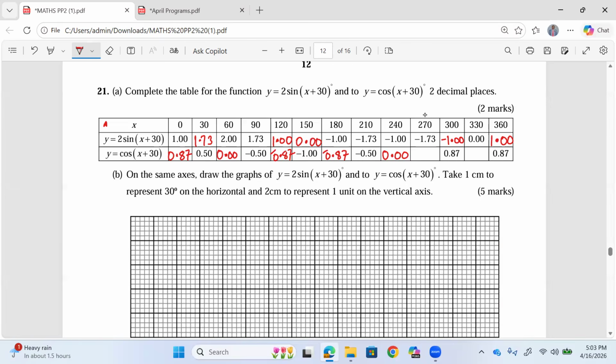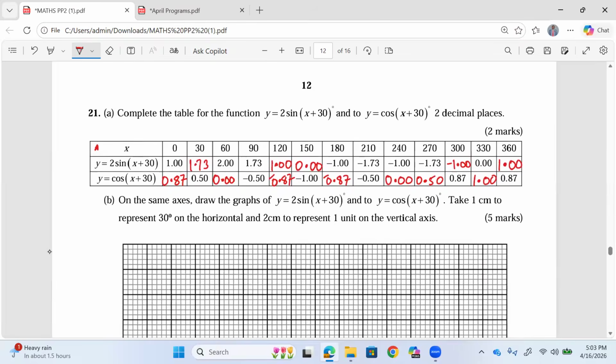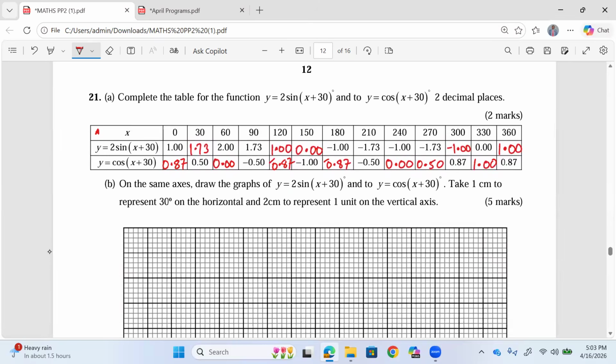So the cosine of 300 is exactly 0.5, so 0.50. At 330, the cosine of 360, we get exactly 1.00. That's our first 2 marks. Simply going to your calculator and using it wisely, you get the first 2 marks.